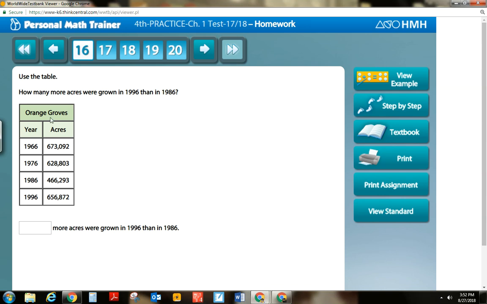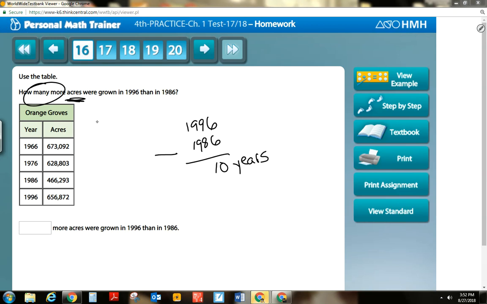So we got a table here. How many more acres were grown in 1996 than 1986? So how many more tells me to subtract. Subtracting acres. Lots of times kids have been wanting to subtract the years. And then they get 10. Well, that is 10, but that's 10 years. The difference there is 10 years. I want the number of acres.